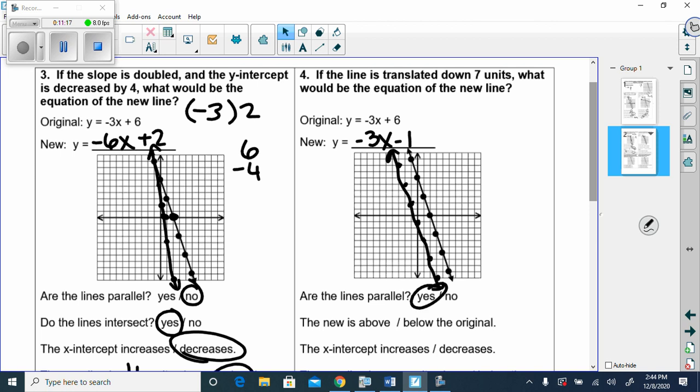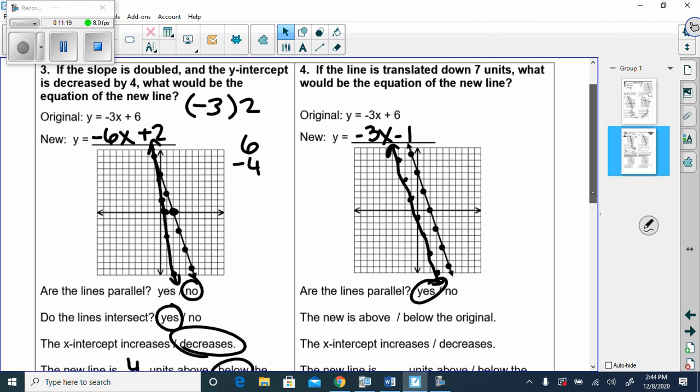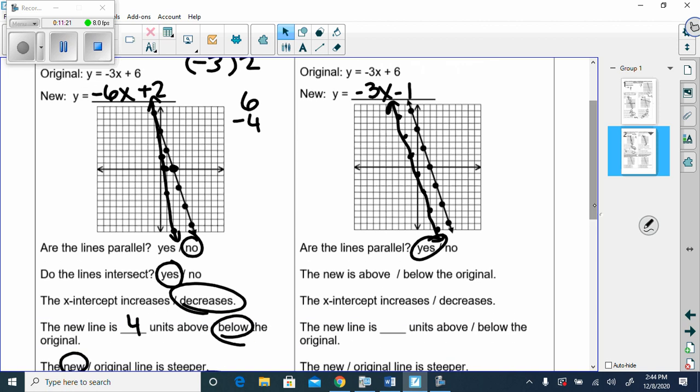Yes. They are parallel. They have the same slope. Is the new line above or below? Good. Is the x-intercept increasing or decreasing for the new line? Good. Because it was here, and now it's here, so that's a smaller number.